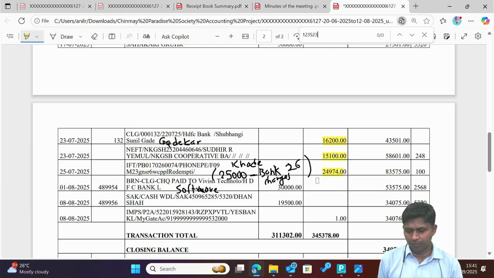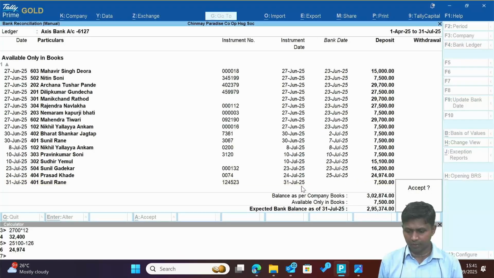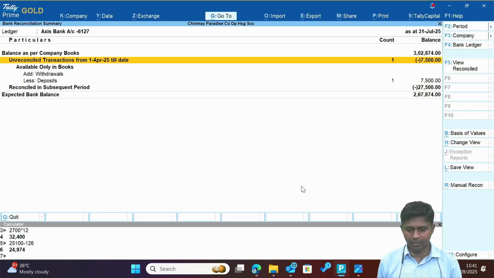Therefore, this party must have given a check but not yet deposited by the society into the bank account. Let it be. This will remain in unreconciled transactions. Still, your bank will tally. Correct. Just keep that as it is. We have given dates for all transactions except that undeposited check.